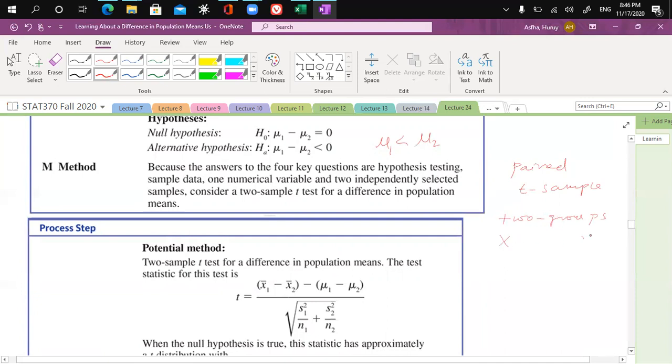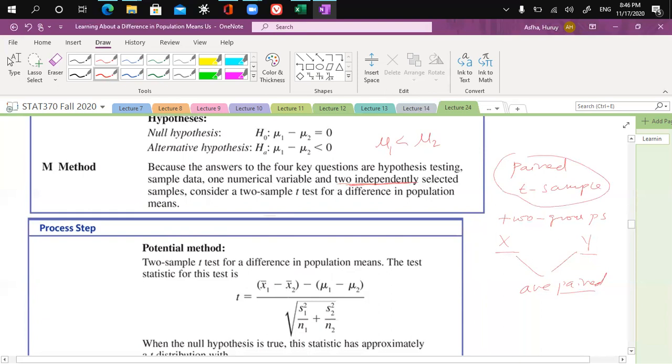Let's call them X and Y. The difference is, in this case, the two groups are paired. They are paired in some meaningful way. But here, the two groups are independent. That's the difference.